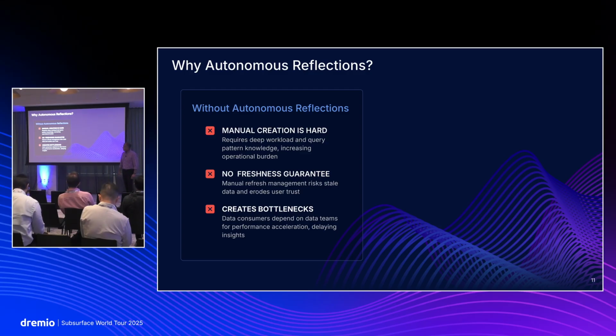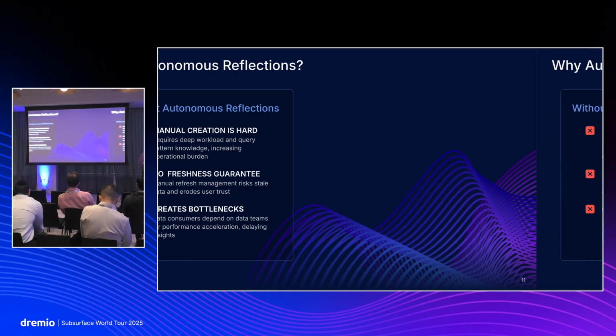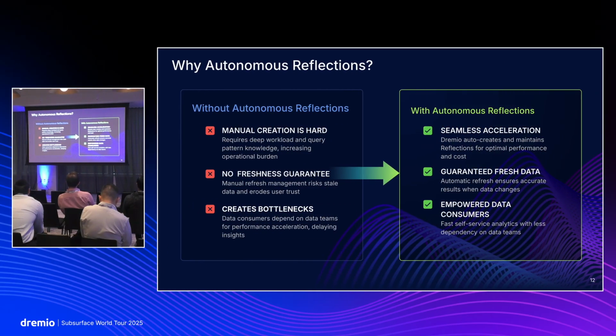And so we often thought, why not create reflections automatically based on user workloads and manage them automatically, delivering a seamless user experience and the performance that customers expect, right? And we delivered that with autonomous reflections.